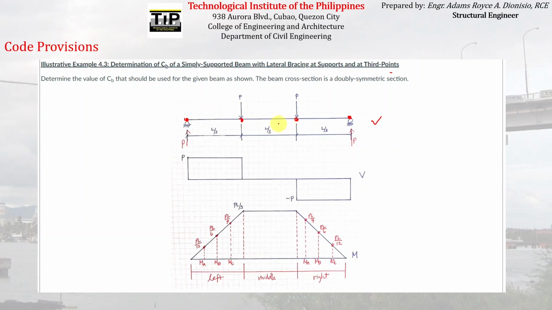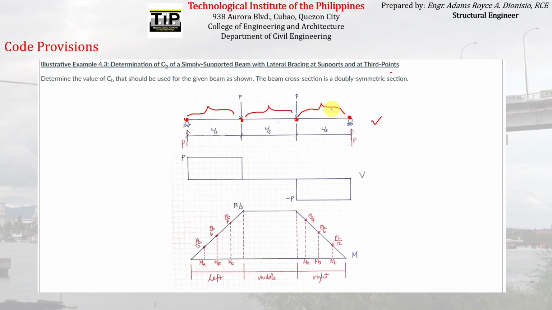Okay, so as you can see, if the simply supported beam has lateral bracing on these points that I have pointed out, therefore the corresponding unbraced lengths are this, this, and this.